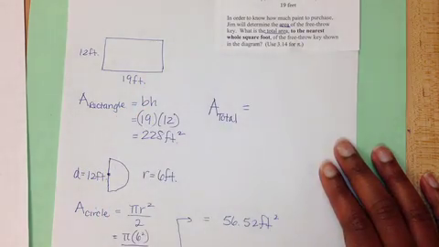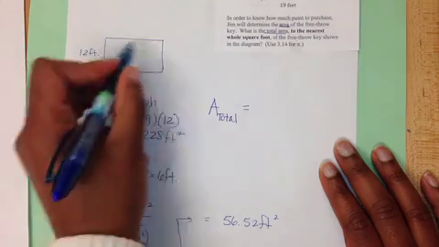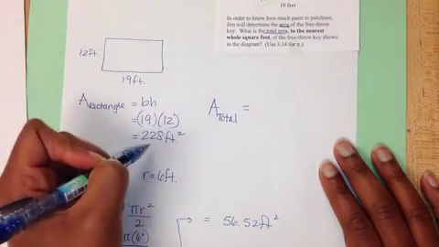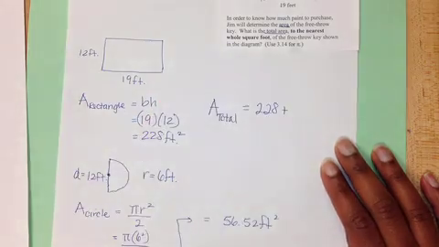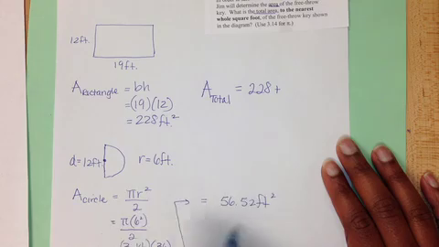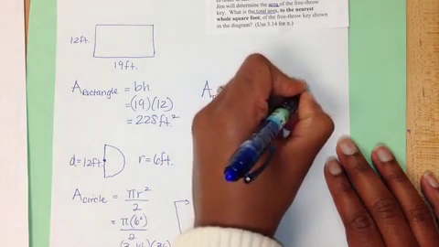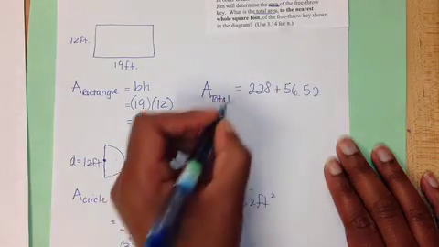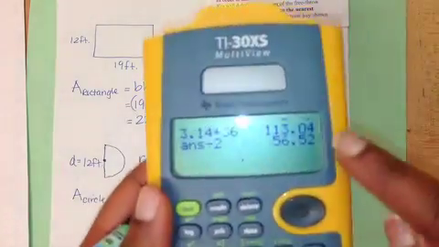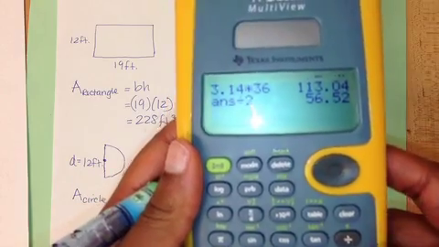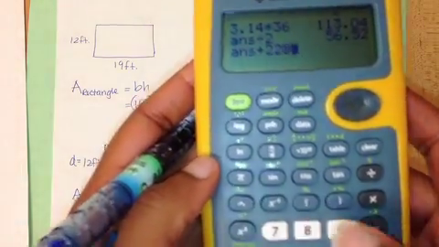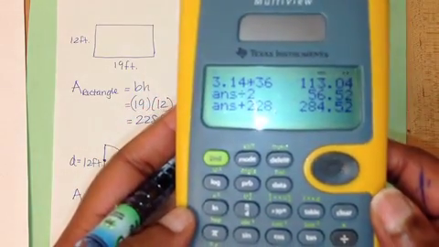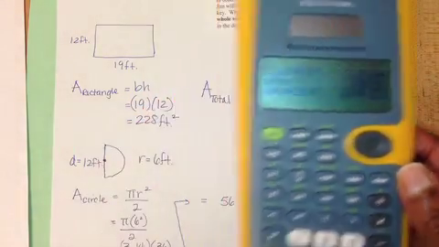The total area would be the area of the first figure, which was our rectangle, which is 228 feet squared, plus the total of our second figure, which was our semicircle, which is 56.52. In my calculator, I already have my 56.52 saved, so I don't have to redo that. I'm just going to add 228 to that, and that gives me a total of 284.52.